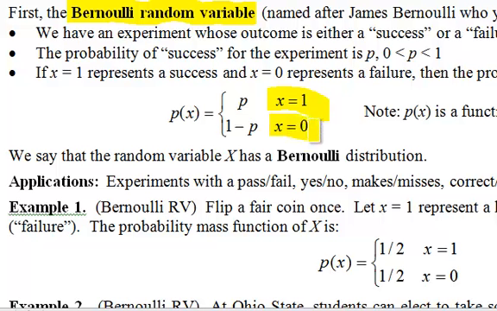It could be any two values, but usually it's an experiment where you do something and you either have a success or a failure, and we're going to say p is the probability of success. You can label however you want, but most of the time we say x equals 1 is a success and x equals 0 is a failure. And then the probability mass function is always just given by the probability x equals 1 is p, and the probability x equals 0 is 1 minus p, and that's a valid probability mass function.